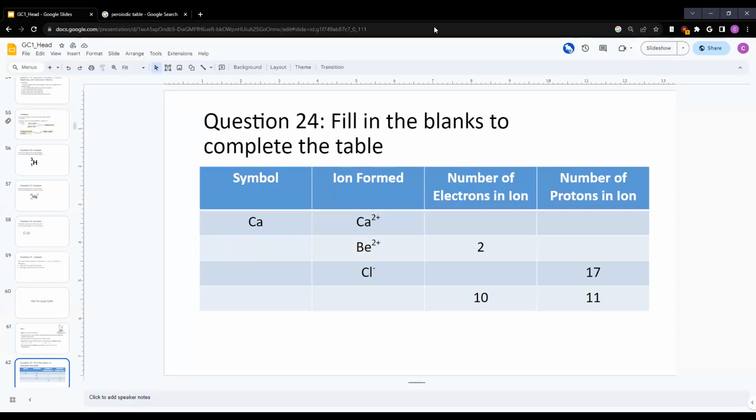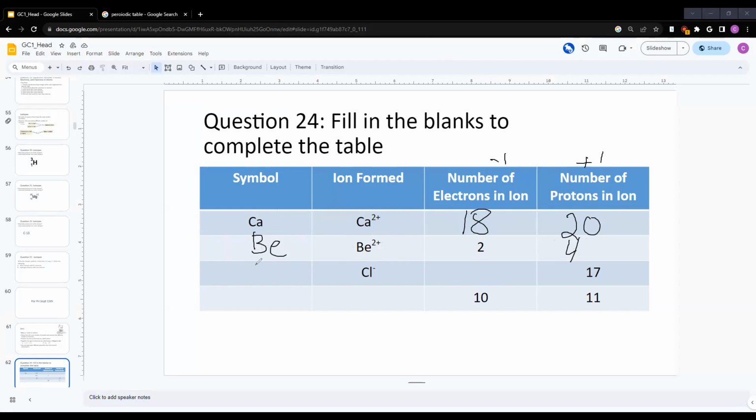So that means there are 20 protons. If it's +2, we have more protons than electrons, 18, right? Because -1 + 1. Beryllium, the symbol is Be. If it's +2 and it has 2 electrons already, it must have 4 protons to make that math work.